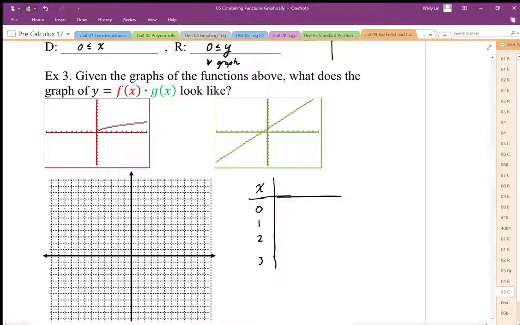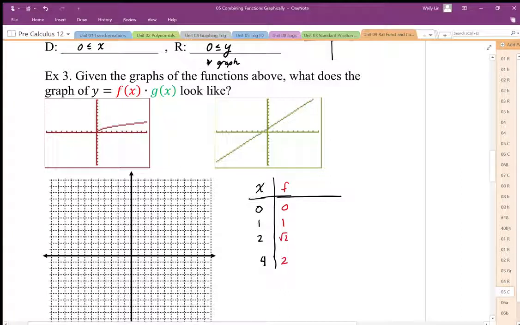So the f function, f at 0 is going to be 0, at 1 it's 1, and at 2 it's square root 2. Maybe I'm going to put in a nice value here of 4, x is 4, and the f value is going to be 2.